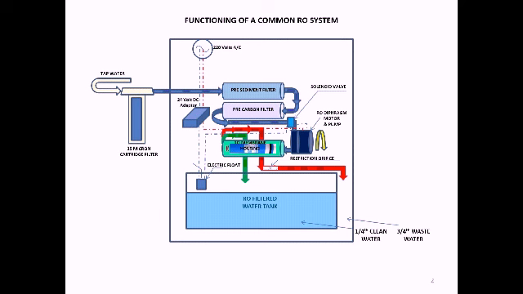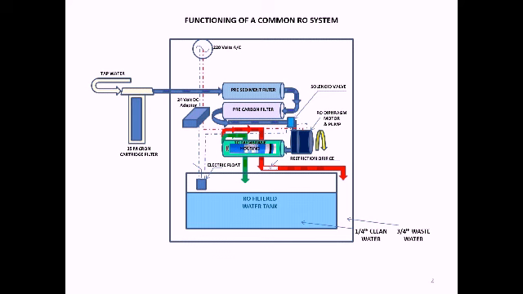From there it is fed into the pre-carbon filter, and from there it goes to the solenoid valve, which is connected to the electrical float valve fitted in the RO filtered water tank. And from this solenoid valve, the water goes into the RO diaphragm motor and pump, which works at roughly 75 GPD, which is gallons per day, and 100 psi water pressure.